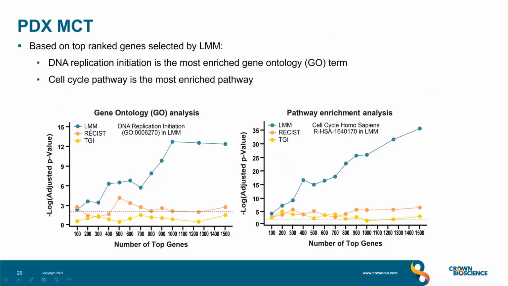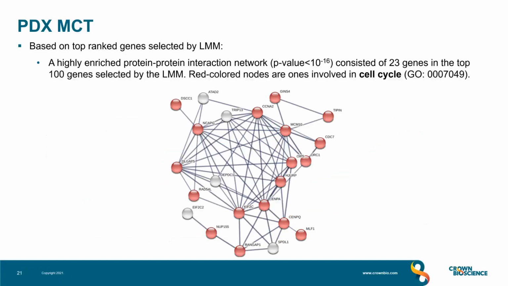It turns out that the genes identified by linear mixed models are highly enriched in DNA replication initiation and also in cell cycle based on GO and pathway enrichment analysis. So that is precisely the mechanism of the drug, but not so for the other two naive approaches. A highly enriched protein-protein interaction network consisting of 23 genes in the top 100 genes selected by linear mixed model is also shown to be highly enriched for cell cycle.